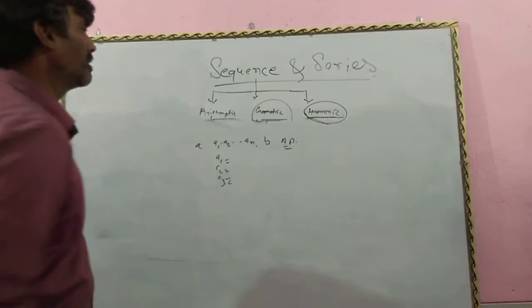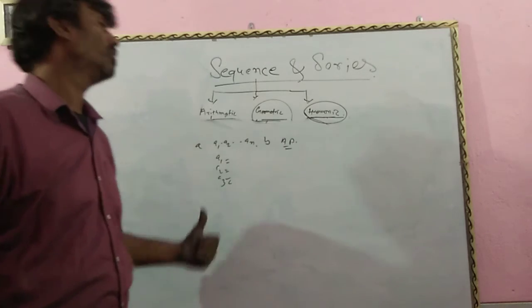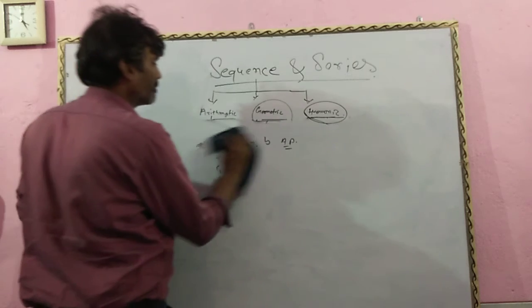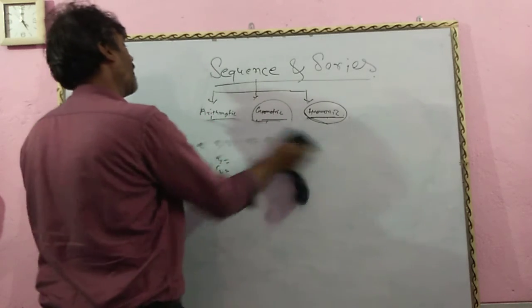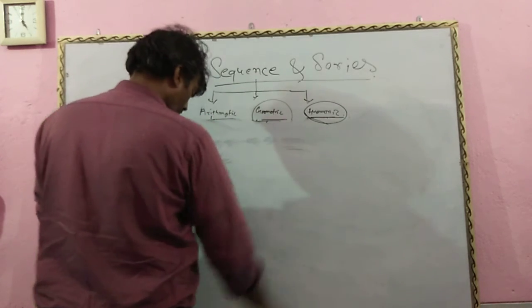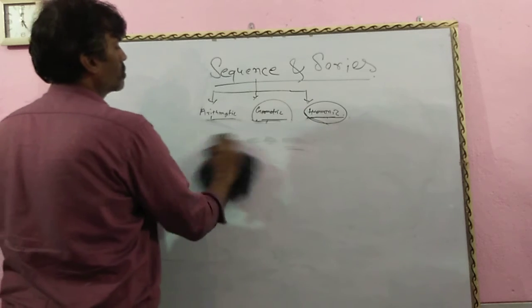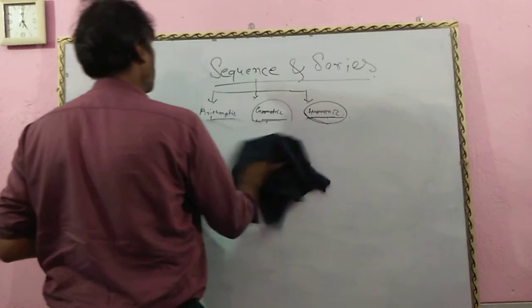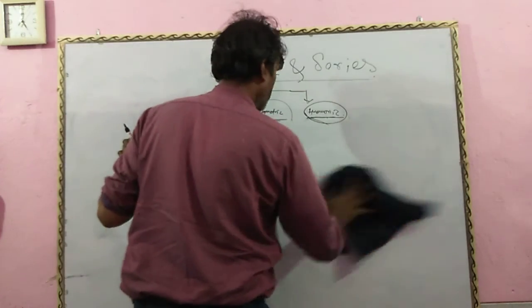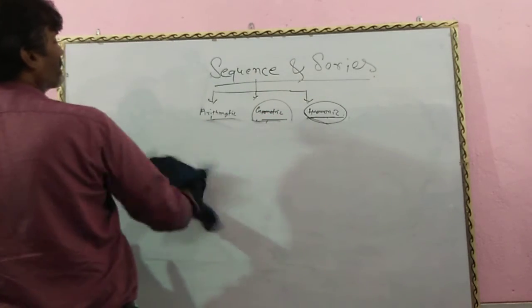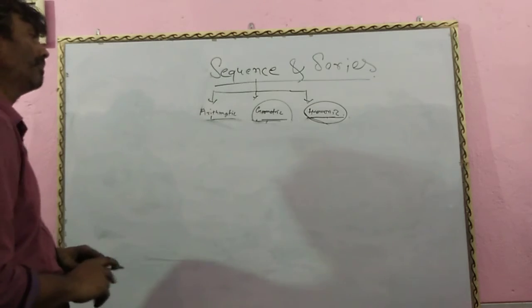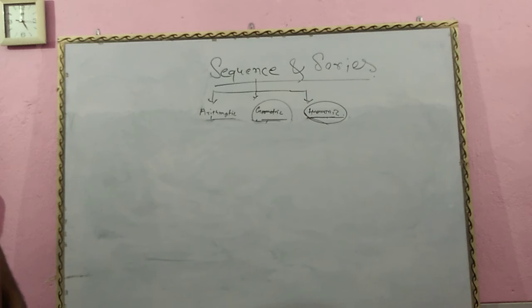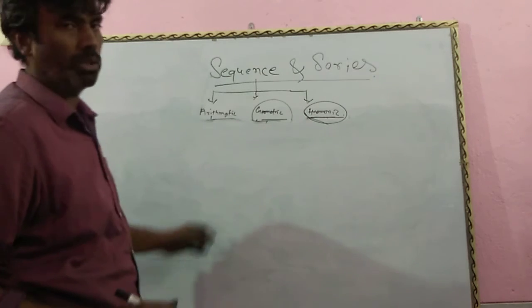Just similar to our previous method, you can find n arithmetic means or n geometric means or n harmonic means between any two numbers, but that's not much more important, so I am leaving that part. And now we are coming to the problems, because problems are much more important than anything, because only problems come in the exam. Theory doesn't come in the exam.